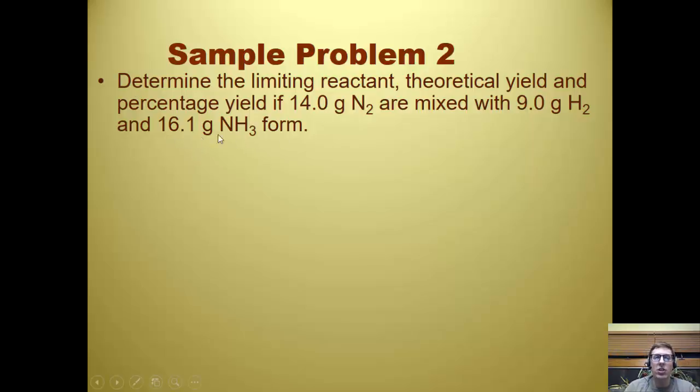This is our actual yield. So we know that is not our given. So we're going to worry about it later. But first, our equation, N2 plus 3H2 yields 2NH3. 14.0 grams of N2, and we're trying to go to grams of NH3. We'll go long form here.